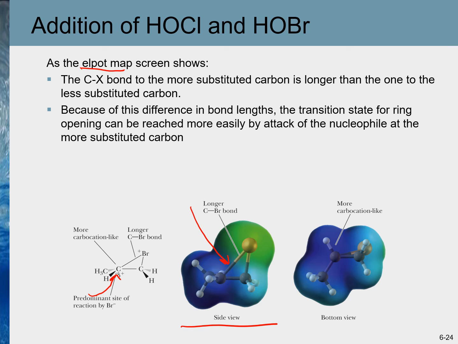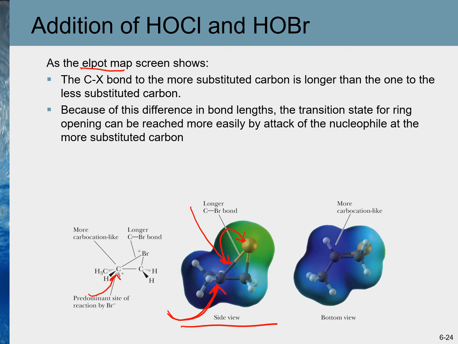Because of this difference in bond length, the transition state for the ring opening can be reached more easily. So the longer bond, so this bromine is already away from this carbon. So if our nucleophile attacks here, this longer bond can be easily broken. So that explains why the attack on the more substituted carbon is easier.